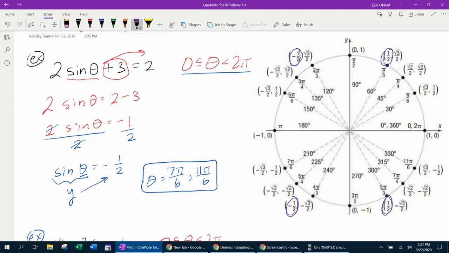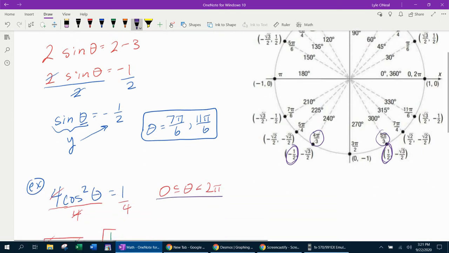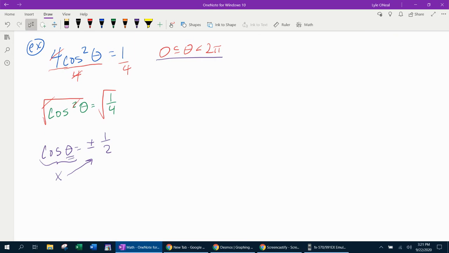And there will be 4 solutions this time, okay? At pi over 3, 2 pi over 3, 4 pi over 3, and 5 pi over 3. So the solutions are pi over 3, 2 pi over 3, 4 pi over 3, and 5 pi over 3.